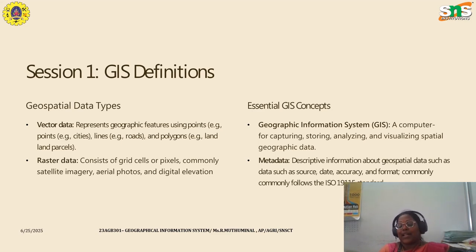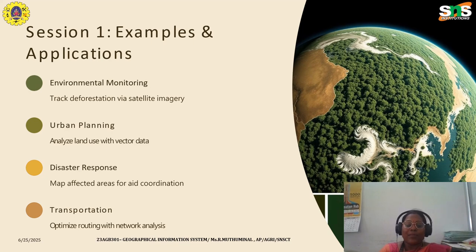Similarly, raster data is converted into grid cells or pixels, which are commonly used as satellite imagery, aerial photos and digital elevation. Some examples of applications of geographical information systems: for environmental monitoring, we track deforestation with the help of satellite imagery.